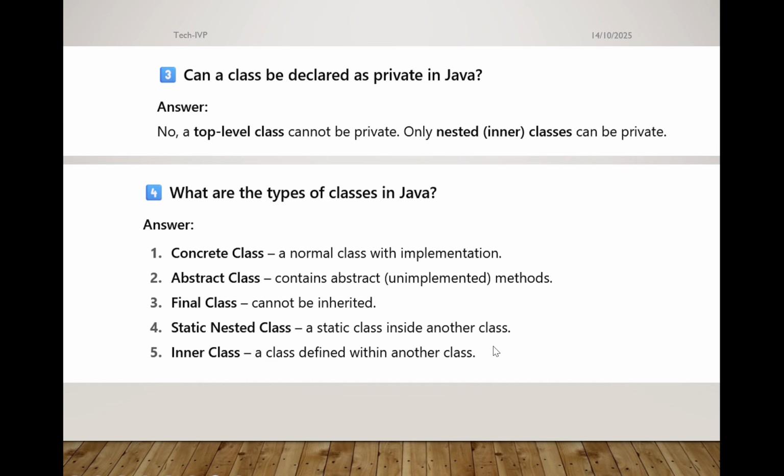Next question, can a class be declared as private in Java? No. A top level class cannot be private. Only an inner or nested class can be private.